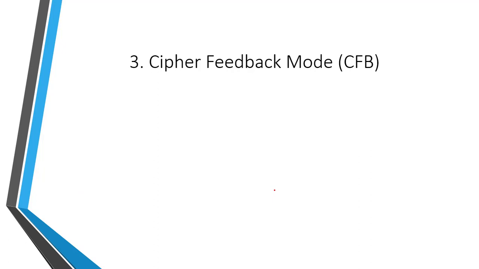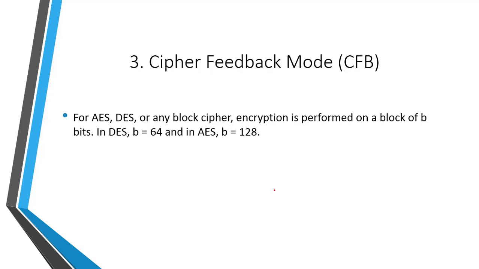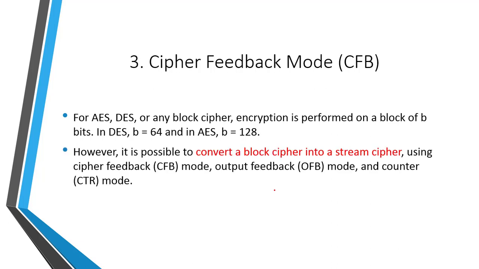Next we will see cipher feedback mode. In cipher feedback mode, for AES and DES or any other block cipher, encryption is performed on B bits of a block. In DES, B equals 64 bits and in AES, B equals 128 bits.